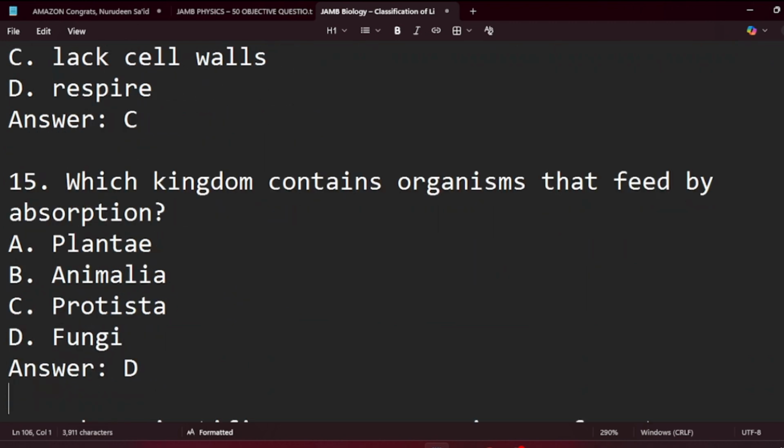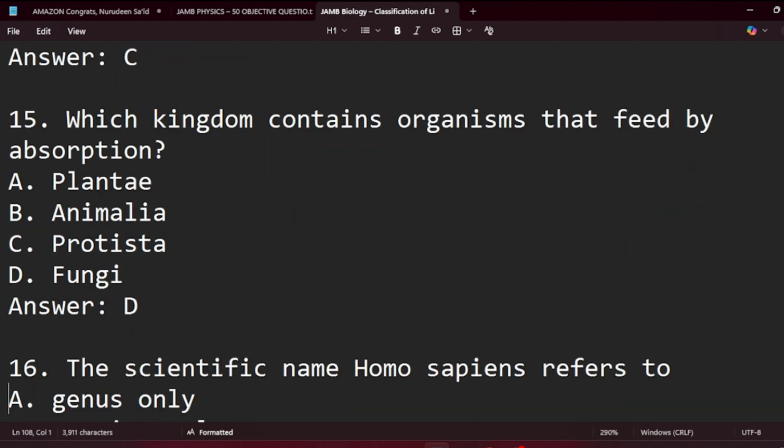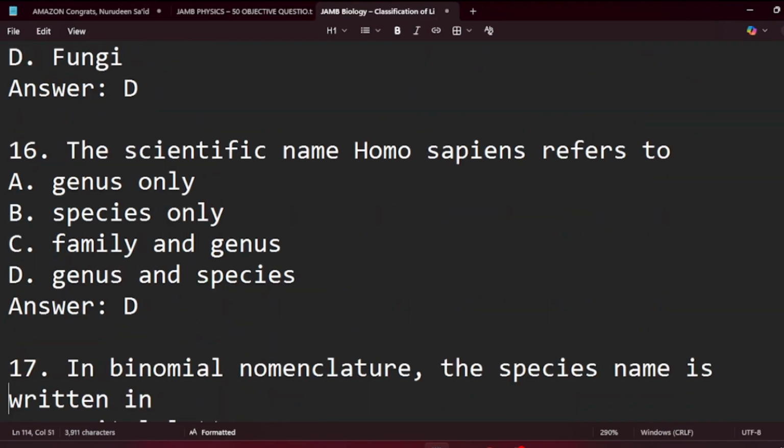Question number 15. Which kingdom contains organisms that feed by absorption? A, plantae, B, animalia, C, protista, D, fungi. The answer is D, which is fungi. Question number 16. The scientific name Homo sapiens refers to A, genus only, B, species only, C, family and genus, D, genus and species.